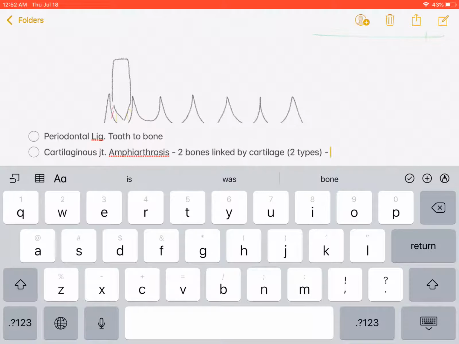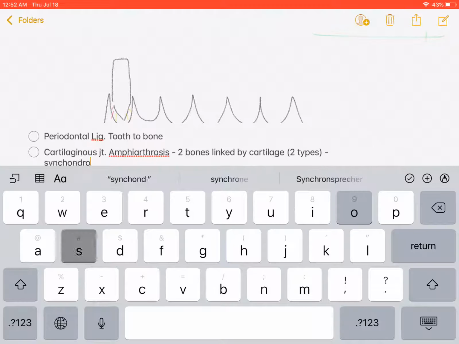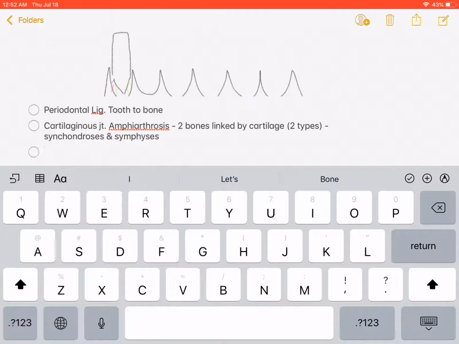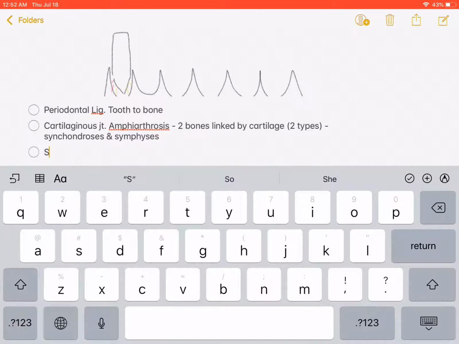The first one is synchondroses. And the second one, symphyses. We're still on the topic, so we're going to go straight with synchondroses.